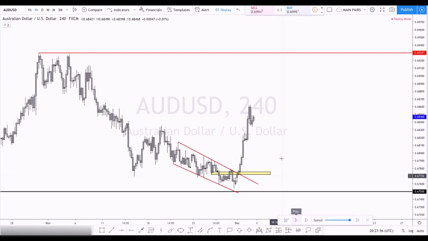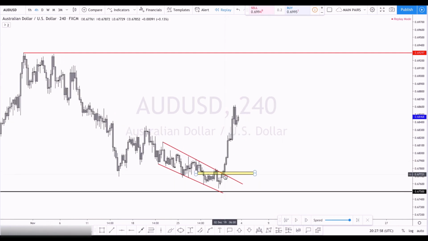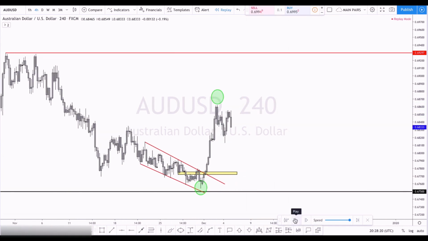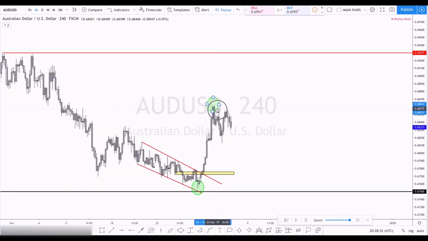Price breaks above, and you can see immediately it's a strong 4 hour close above. Right now we still have no entry point. All we have is the beginning of our pattern, which is we've got our A. We're now looking for our B leg, wherever that may be. Let's see. So we found our B leg here.